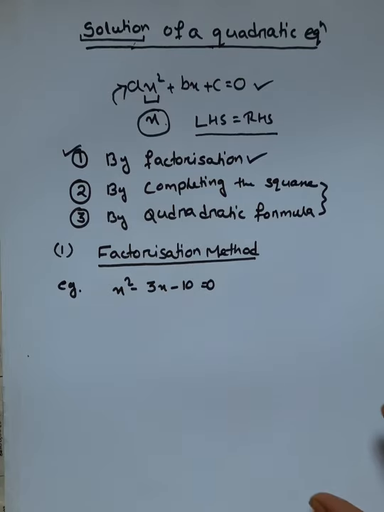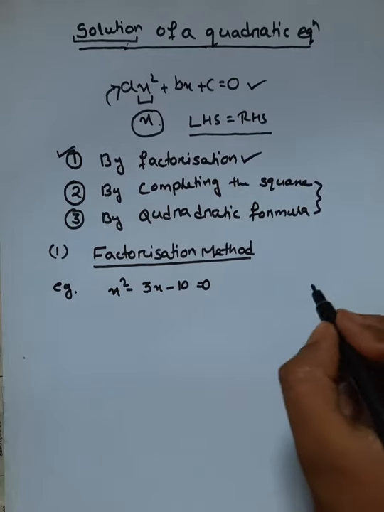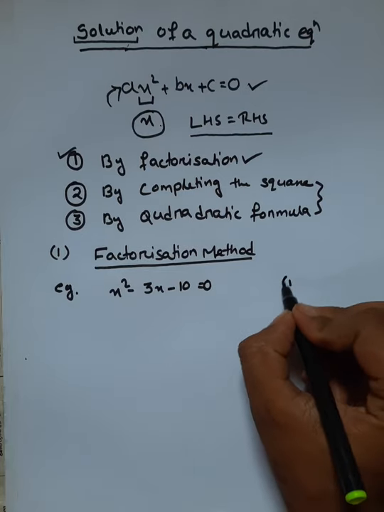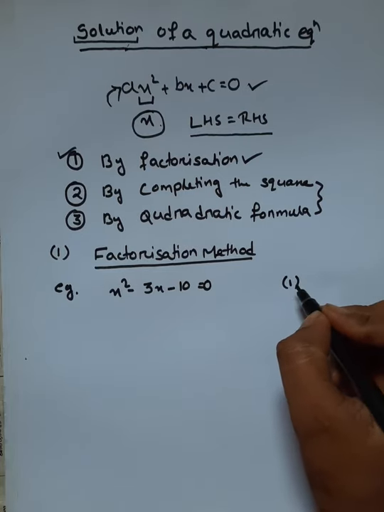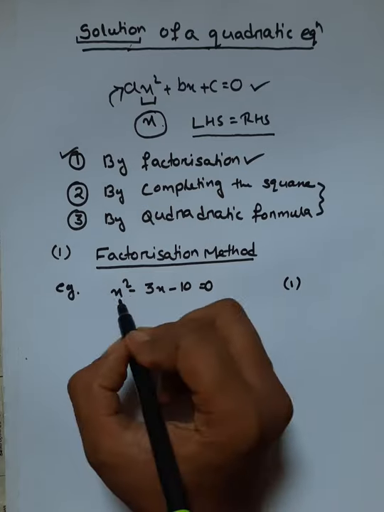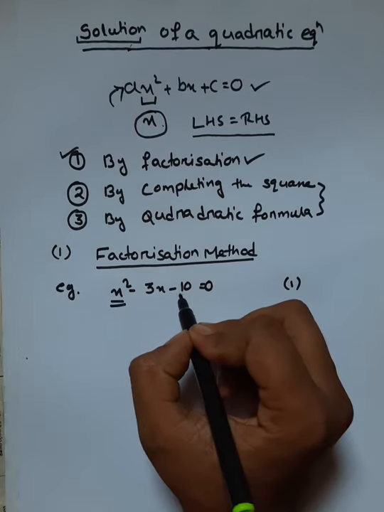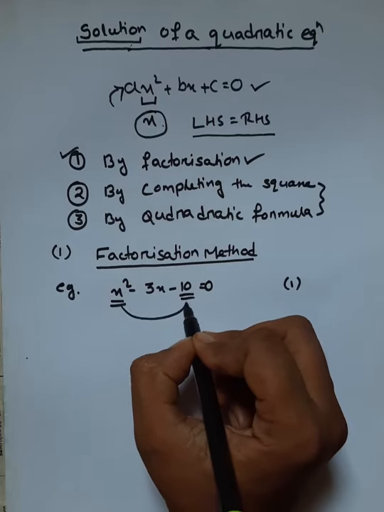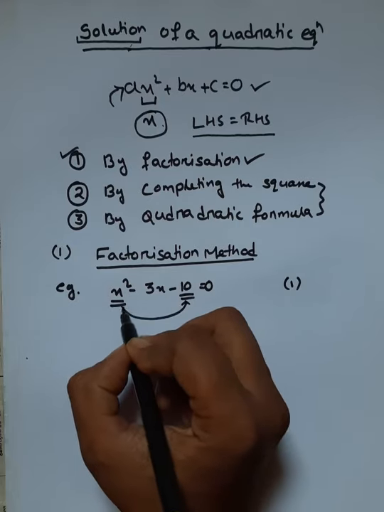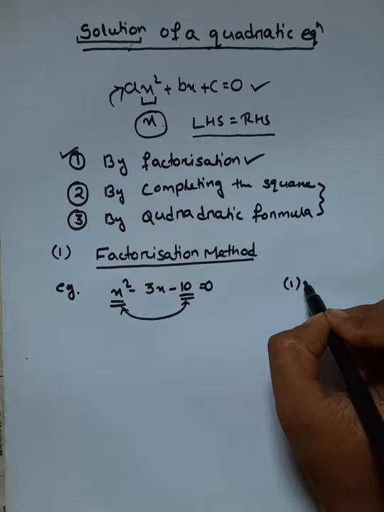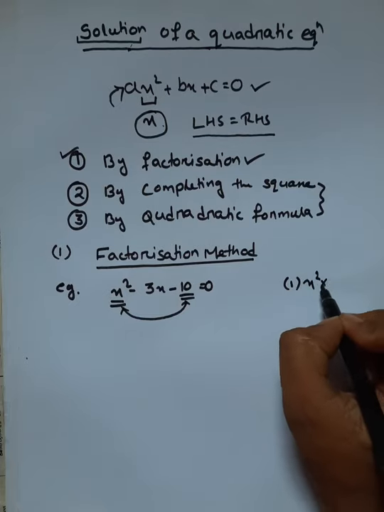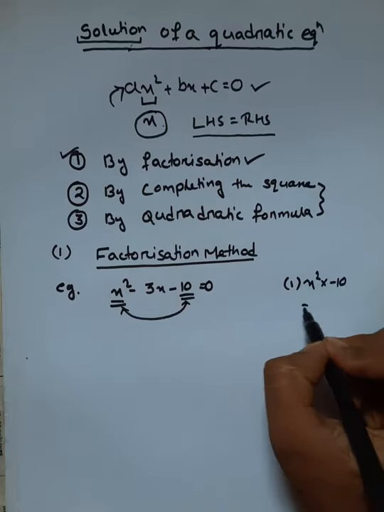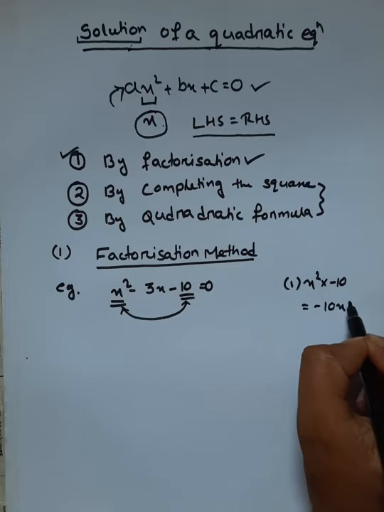Okay, so there are some steps which are described now. First, we have to multiply the first term with the last term. So it becomes x square into minus 10, this is minus 10x square.